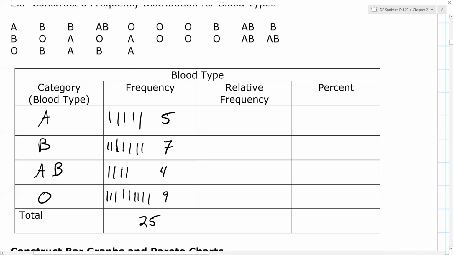Then, before you do anything else, your next step, count the number of raw data points. So go back up to your list and count how many data points are in here. So 1, 2, 3, 4, 5, 6, 7, 8, 9, 10, 20, 21, 22, 23, 24, 25.